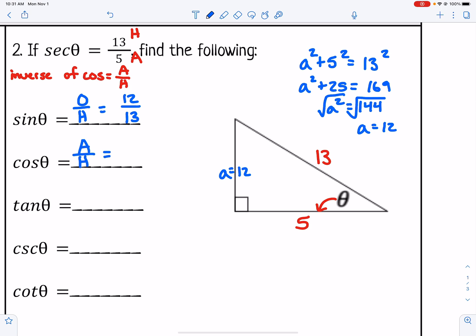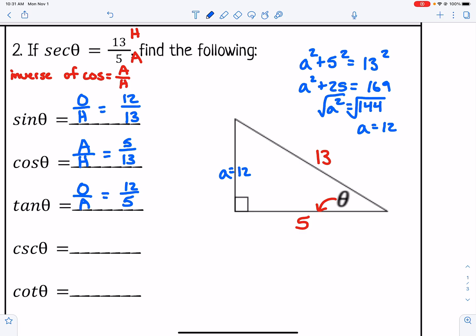That's how I remember that. Adjacent to theta is the 5 and the hypotenuse is 13, so that would be 5 over 13. And then tangent is TOA, tripping over apples. So opposite over adjacent. Look at theta: opposite is 12 and adjacent is 5. So in that order, I need to put 12 over 5.